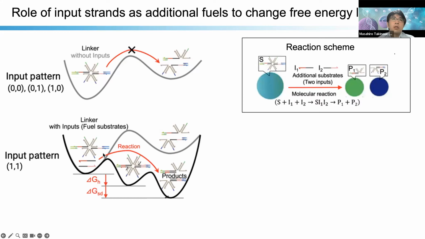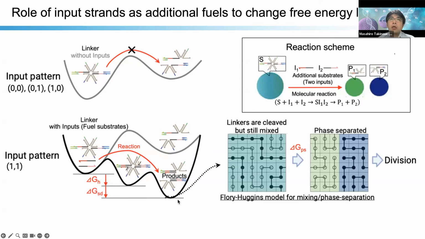So the linker can be divided into two 6-branched linkers through the intermediate, the strand displacement phase.